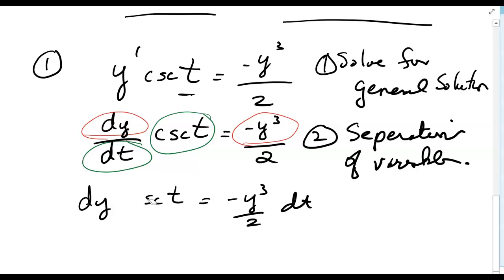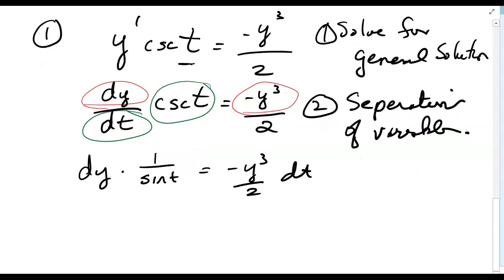I'd have to divide by it, but instead of that, I think it's better if I change cosecant into 1 over sine t, because now I get to just multiply by sine t. And of course, you have to divide by this y cubed. So if I divide both sides by y cubed, y cubed now comes over here by dividing it out.